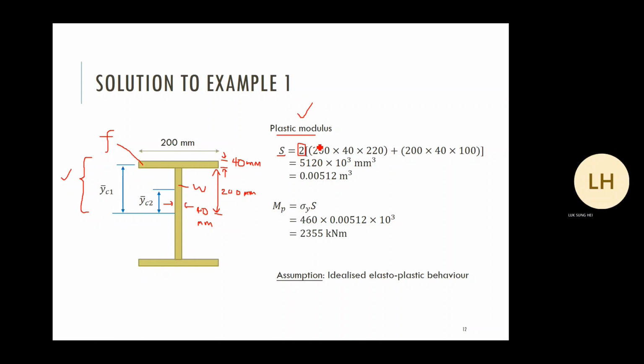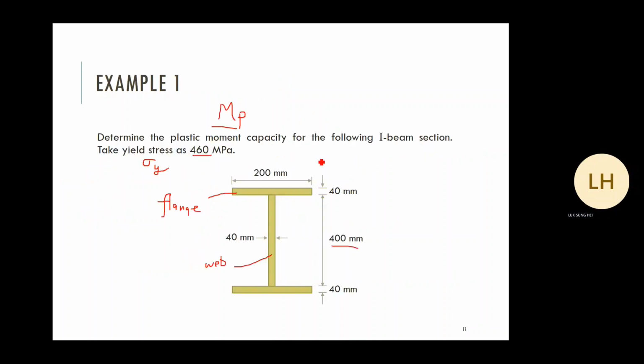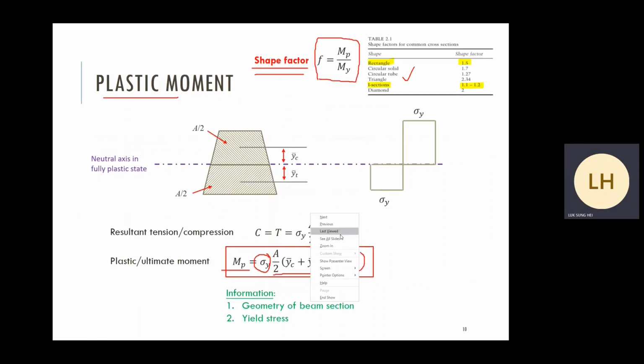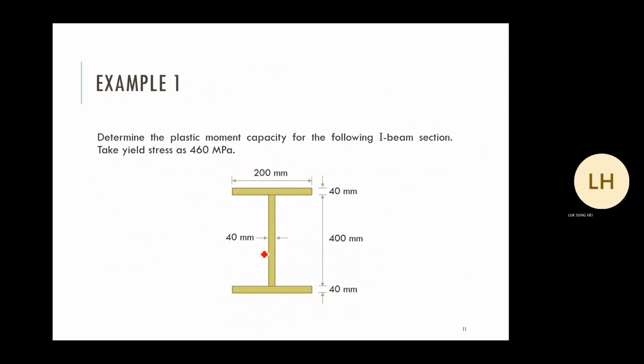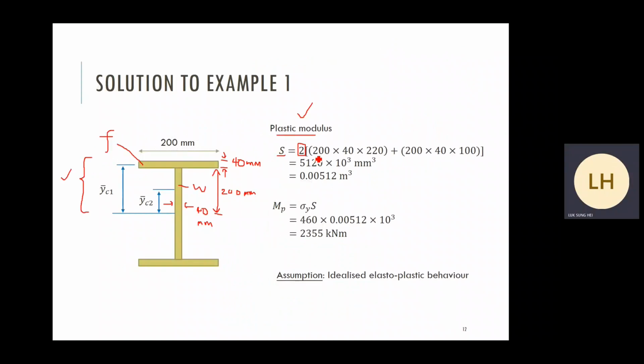And then calculate the area. The equation for S is like this. Area times the corresponding moment arm, right? So I evaluate area and moment arm element by element. The first part here, 200 times 40 is area 1. Area 1 for the top flange.